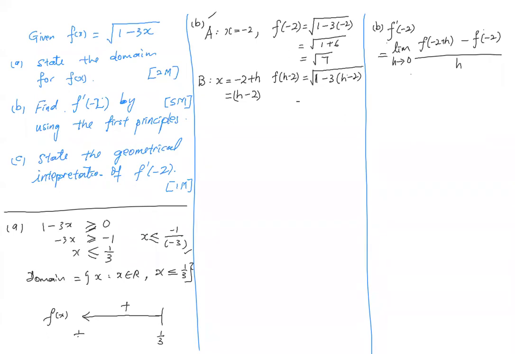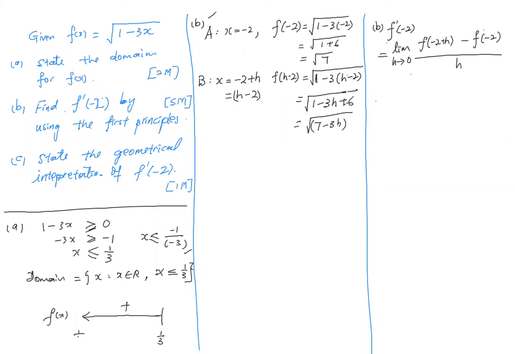Then I expand slowly, because if you are wrong here, then everything will be in trouble. Okay, so this will be the square root of 7 minus 3h. Done. And I purposely put it in a bracket.